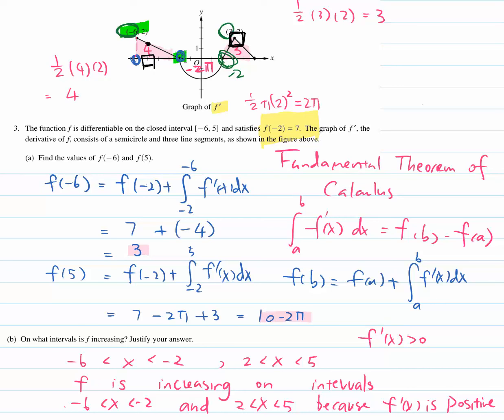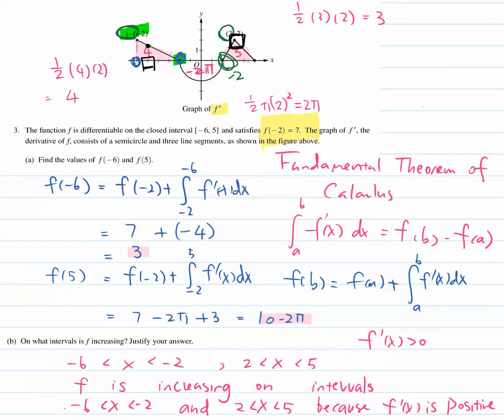However, for the point where x equals 3, our f prime of x is continuous but not differentiable, because the slope is not constant. We have a corner at x equals 3.